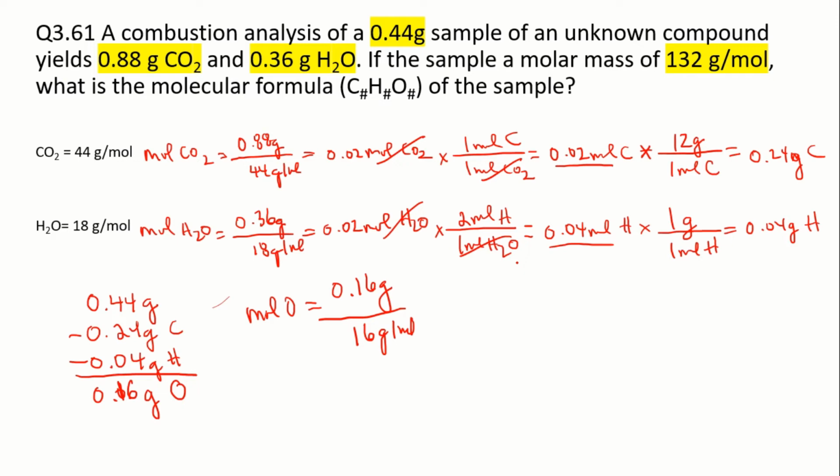Now that I have moles of oxygen, I'm going to go back to these molar amounts of carbon and hydrogen because I need to find a molar ratio. This should be comfortable for you because we did this a couple times in class. To find that molar ratio, we divide everything by the smallest number of moles.